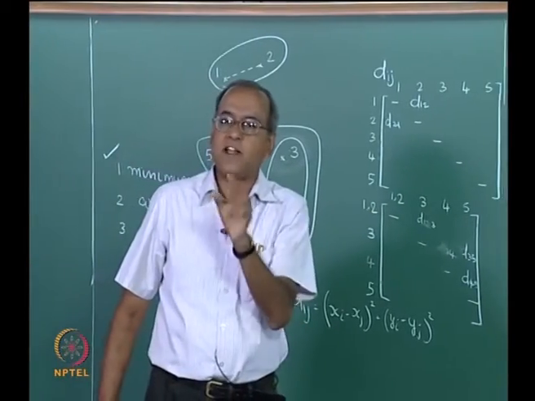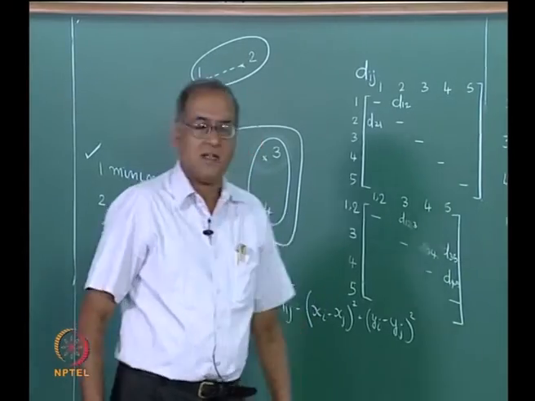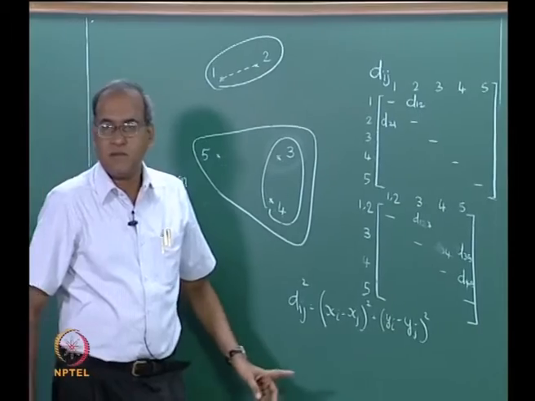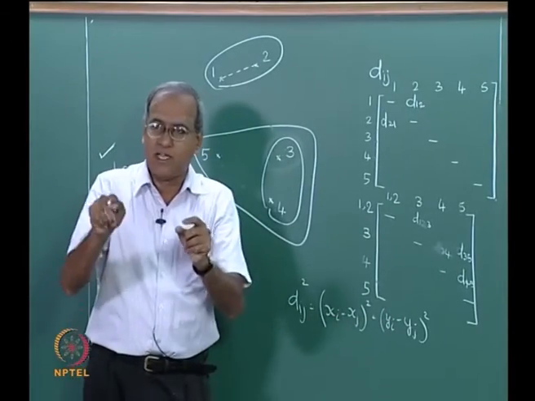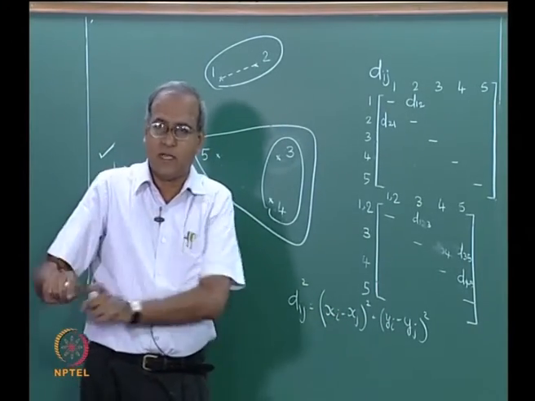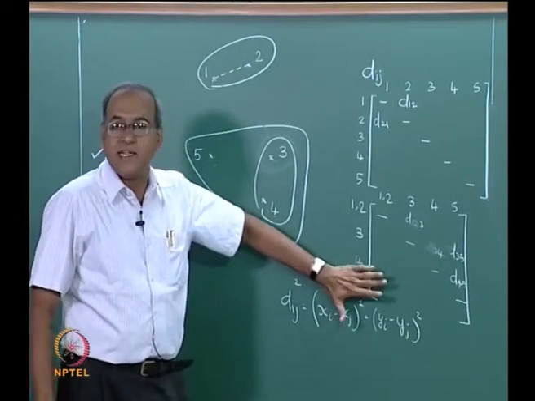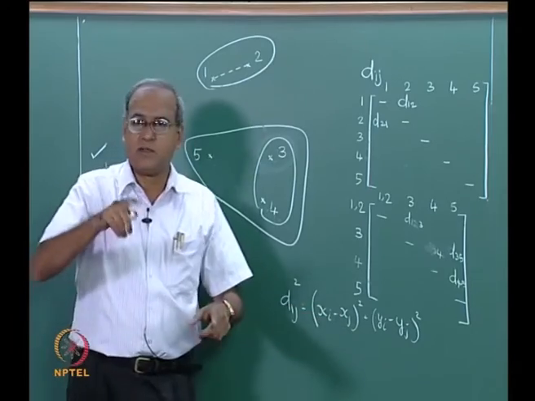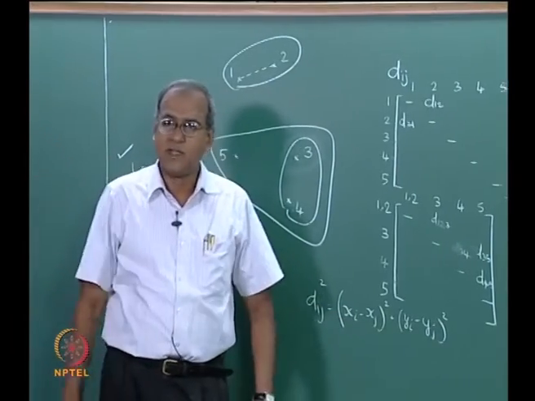The last aspect that we have to touch upon is this: given the coordinates xi yi and xj yj, we can calculate dij by doing xi minus xj the whole square plus yi minus yj the whole square, root over.